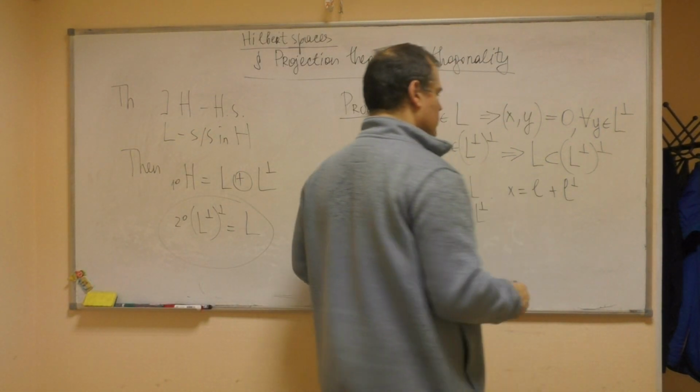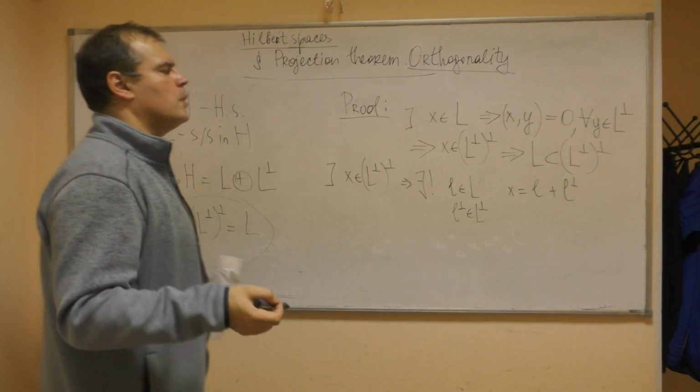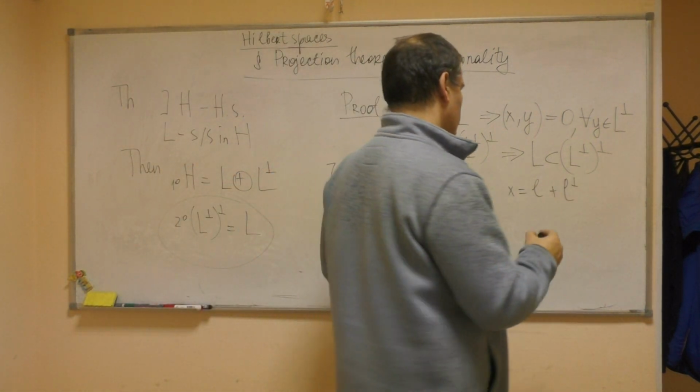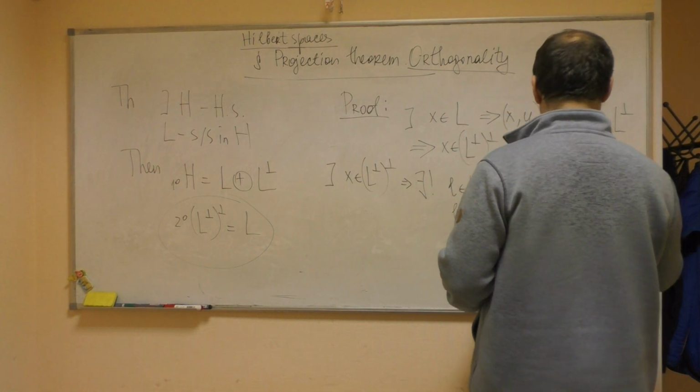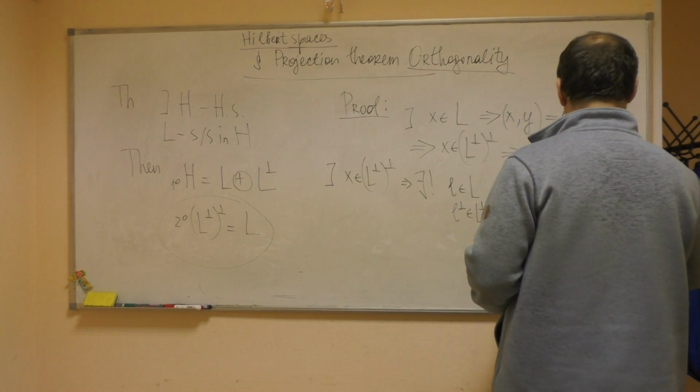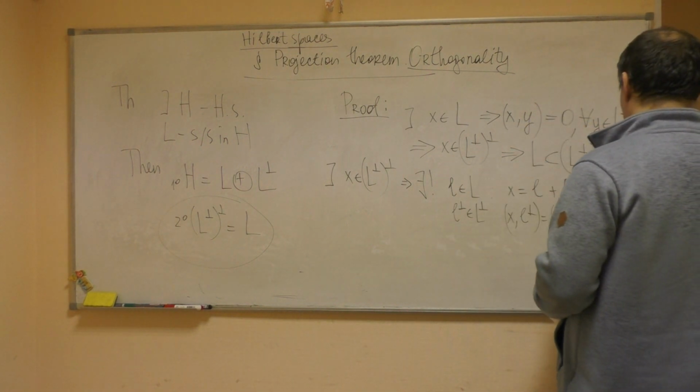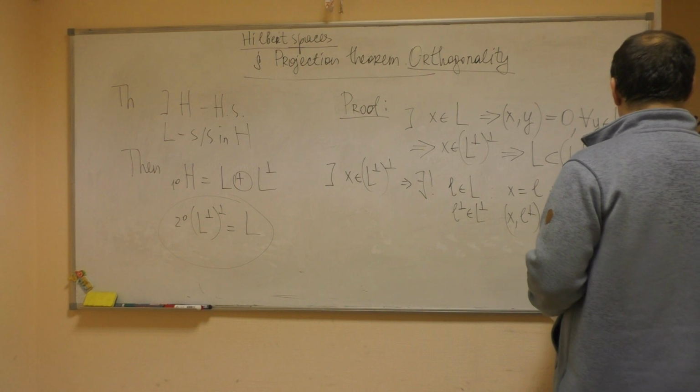Let us multiply everything by L orthogonal. x times L orthogonal is equal to L times L orthogonal plus L orthogonal by itself.